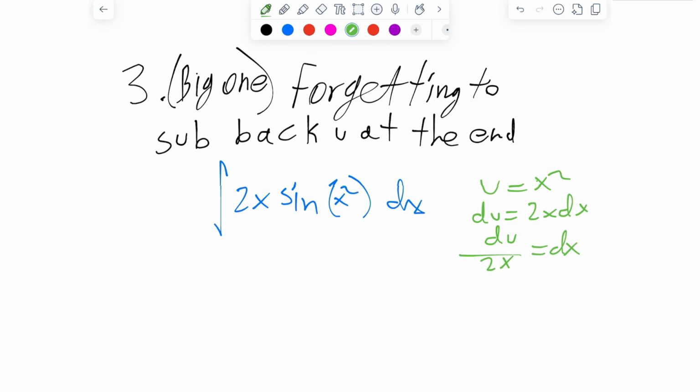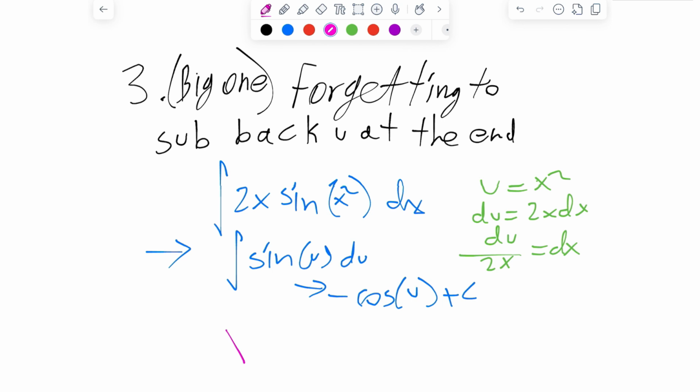Looking at this problem, we find u to be the inside, complex part, which is x squared. du equals 2x dx, and therefore du over 2x equals dx. And now we can turn this into the integral of sine u du, and then after integrating it, negative cosine u plus c.